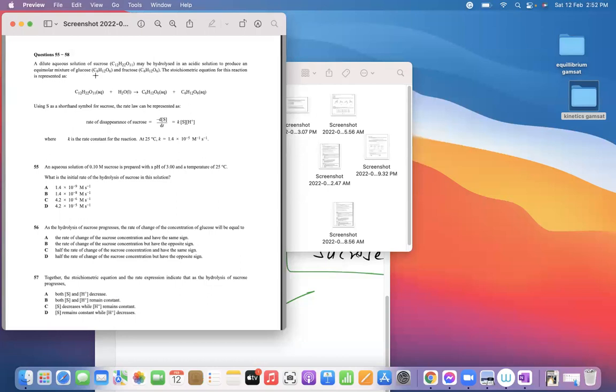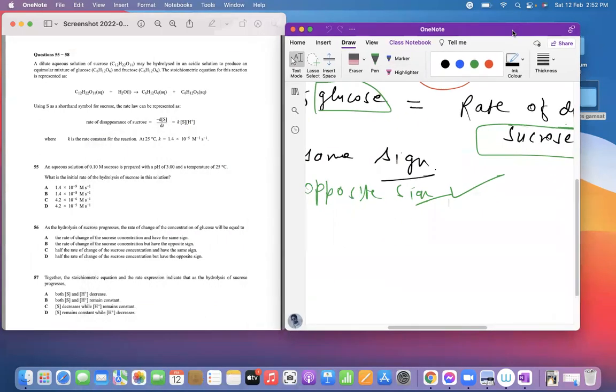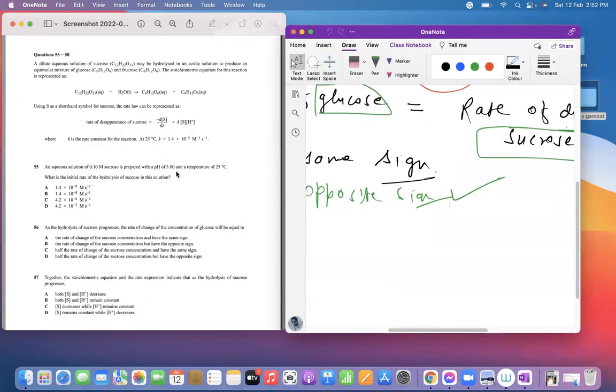Yes, we have this one. Yes, finally I got it. So you can see the same question. We have, look at the question number 56. Don't think about any other question. Just tell me about 56.